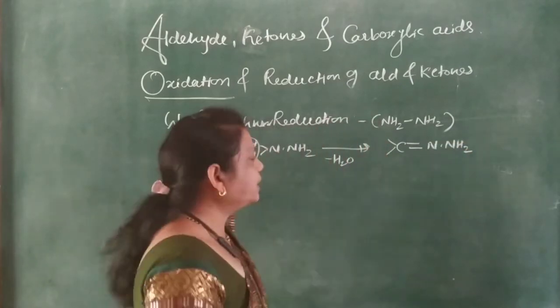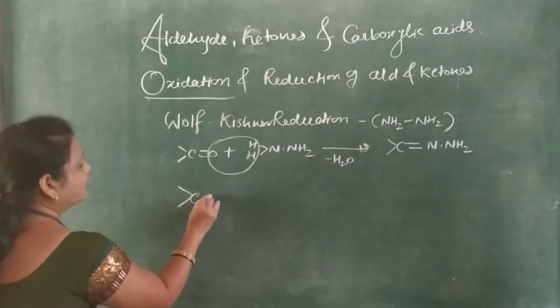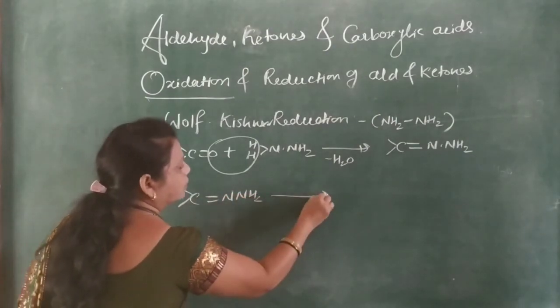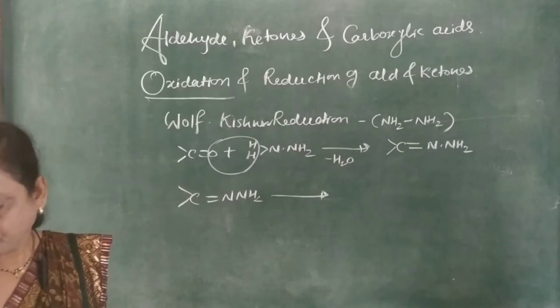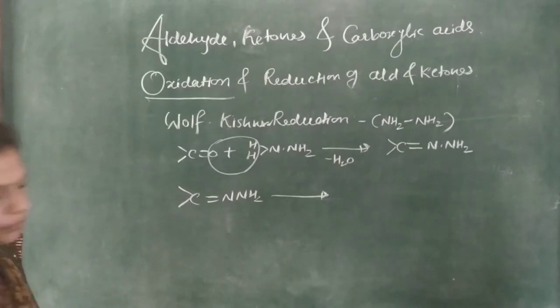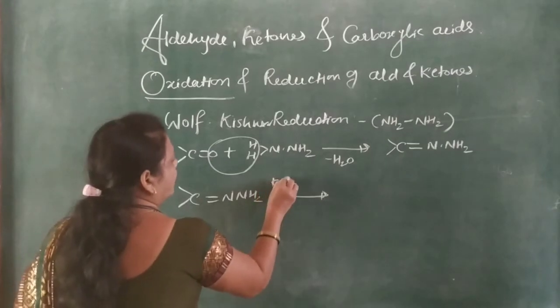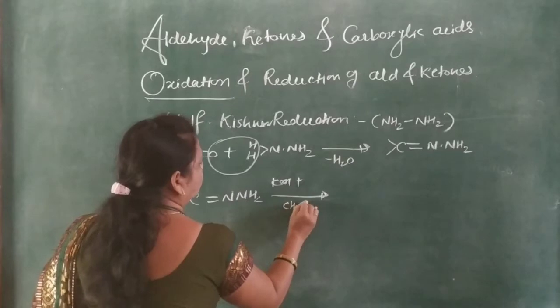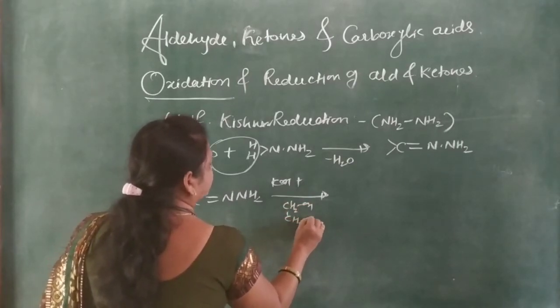Okay. So this hydrazone, C double bond N NH2, on further reaction with KOH plus ethylene glycol, CH2OH.